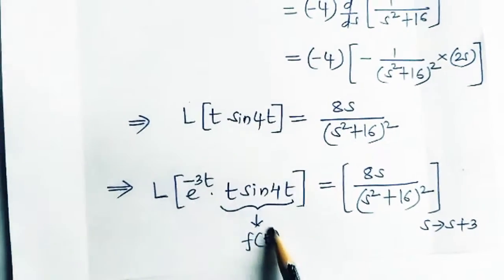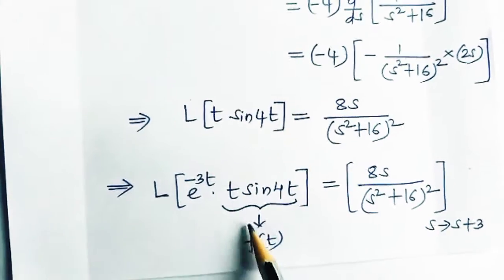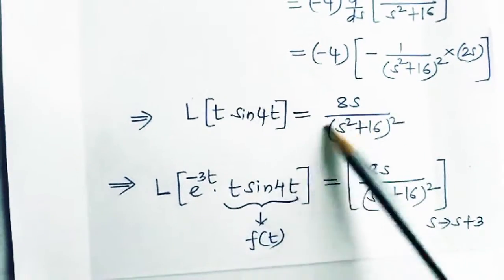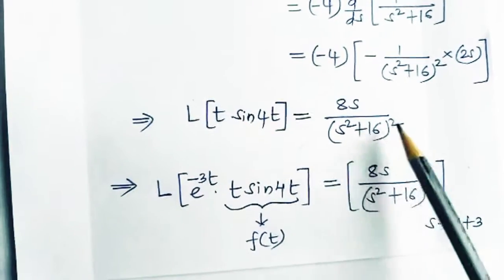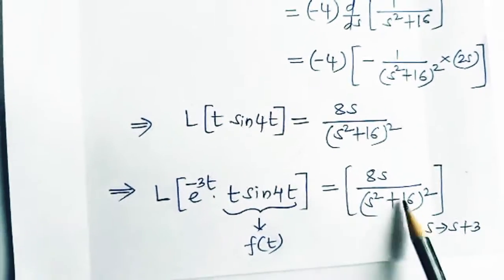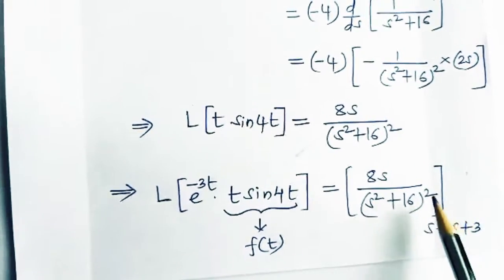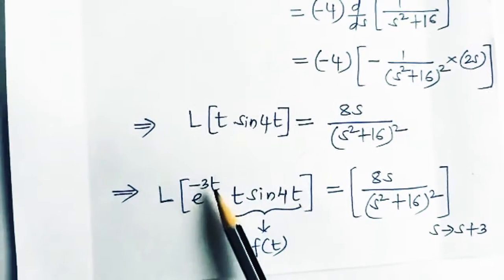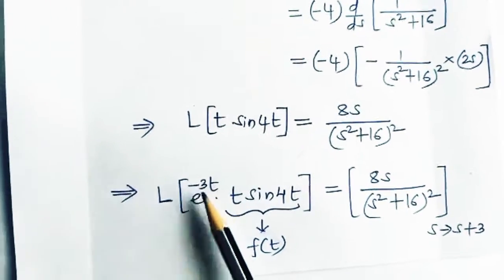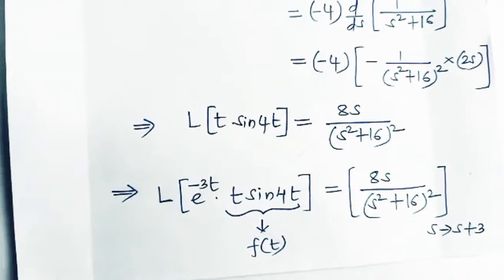In this case, we first find the Laplace transform of this so-called f of t. That is already found from the previous result, which is 8s divided by s square plus 16 the whole square. Wherever s is there, we change accordingly; as the coefficient of t is minus 3, we are going to change s to s plus 3.